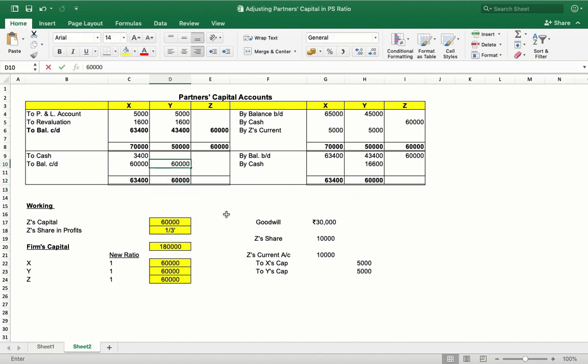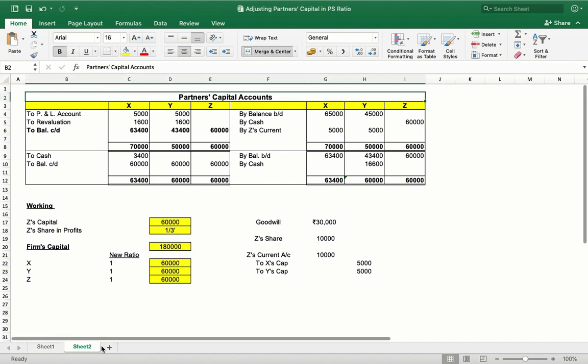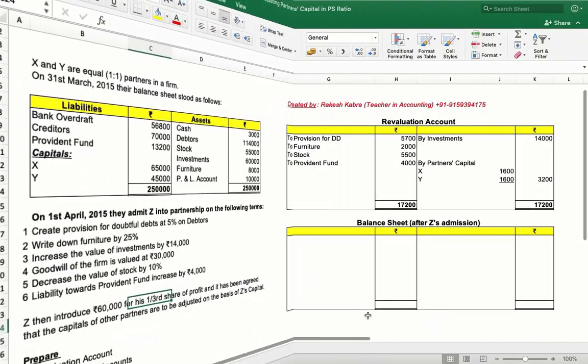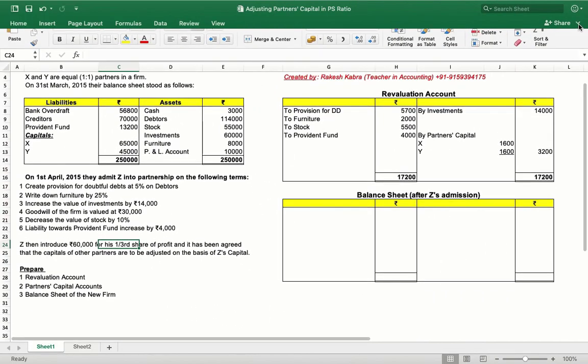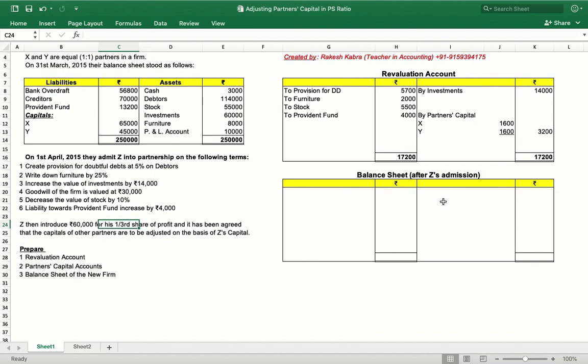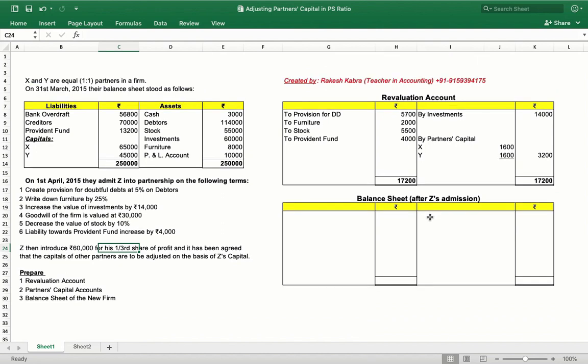And Z's capital is already at rupees 60,000. So I hope you understood how, at the time of admission of a new partner, to adjust a partner's capital in the profit sharing ratio. Now we will update the balance sheet after Z's admission. So let's see how to prepare the new balance sheet.